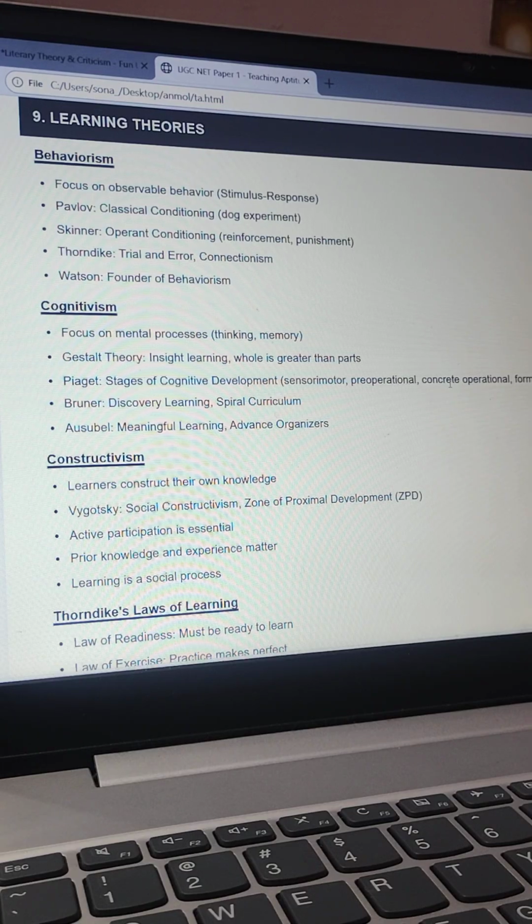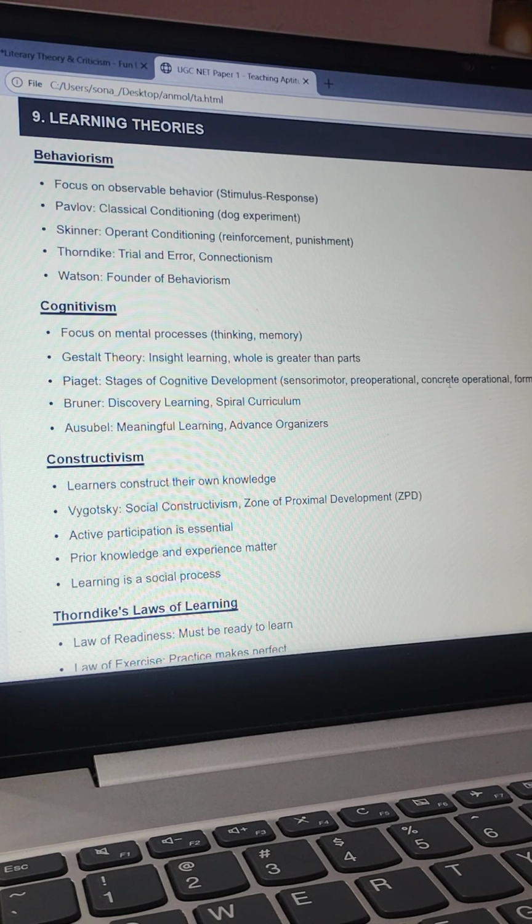Then comes cognitivism. In cognitivism, we focus on mental processes like thinking and memory, and we have Gestalt theory, which gives insight learning, whole is greater than parts. Who gave this insight learning idea, whole is greater than parts? Gestalt theory.